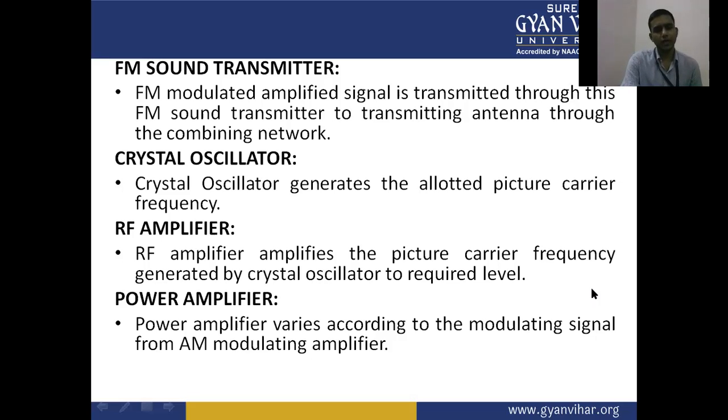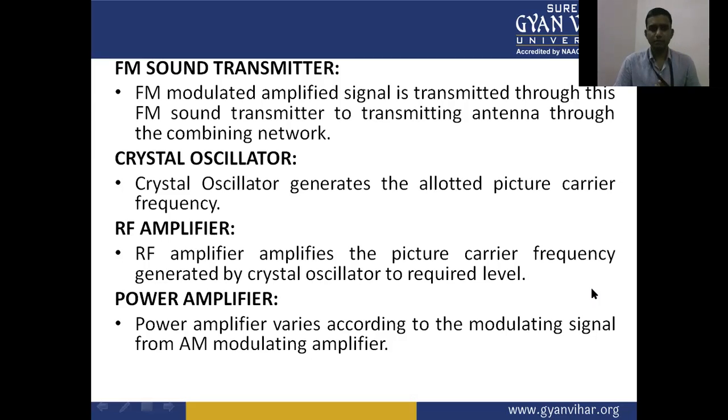The RF amplifier amplifies the picture carrier frequency generated by the crystal oscillator to the required level. So the RF amplifier amplifies the crystal oscillator signal to a certain level as per the requirement of the AM modulated picture signal at a particular level.